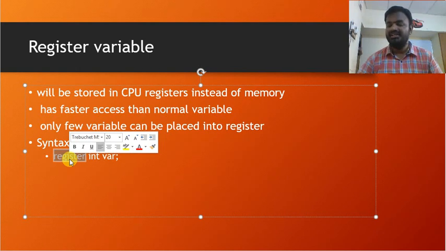Since we have that limitation of processor registers, if we use more register variables, it will automatically shift them to memory, and we do not have control. We should use register variables sparingly, to allow the compiler to fit the variable into the register for faster access.